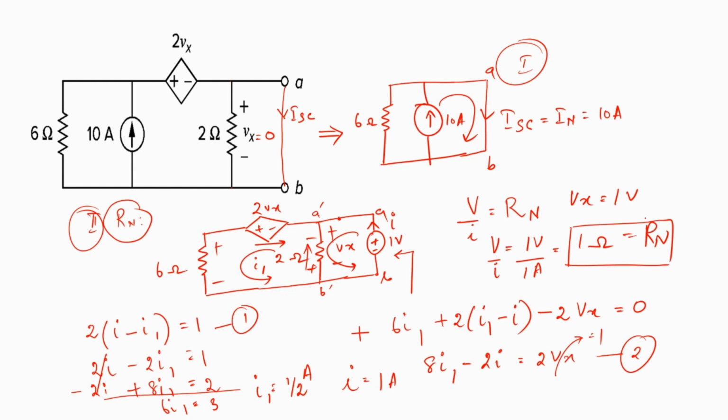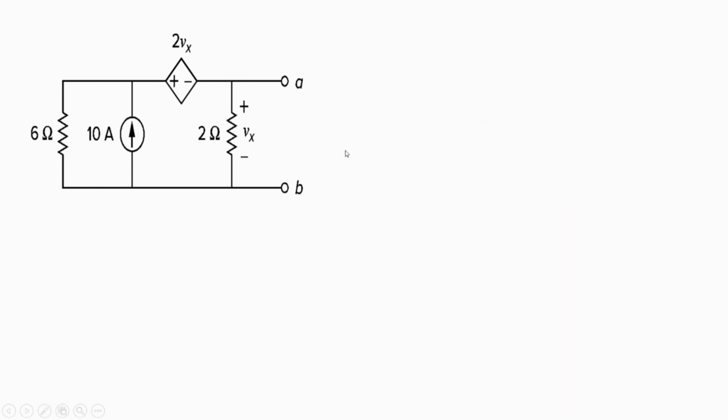So now that I have obtained the value of ISC, or the Norton's current source value, as 10 amps, and the Norton's resistance is 1 ohm, I can now draw the Norton's equivalent circuit as ISC, whose value is 10 amps, and Rn, whose value is 1 ohm, across the terminals AB.